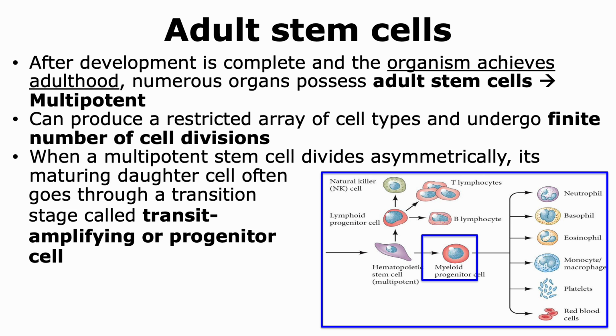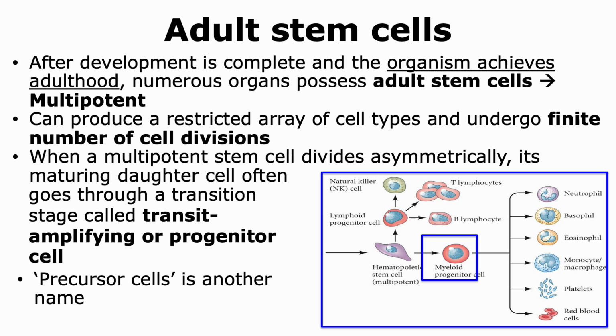So in this figure, the hematopoietic stem cell can undergo cell division and give a myeloid progenitor cell, which is a type of transit amplifying or progenitor cell. Another name for these cells is precursor cells.